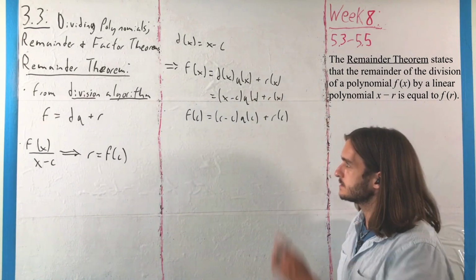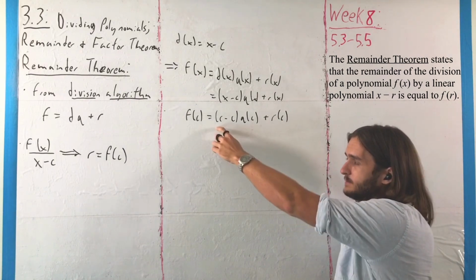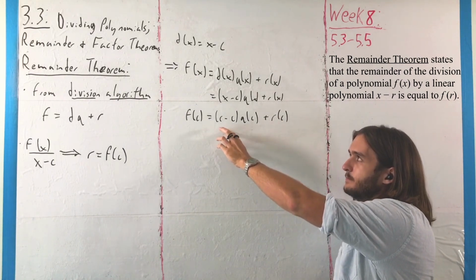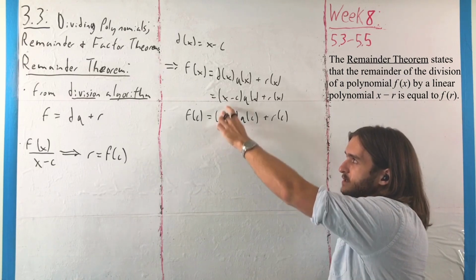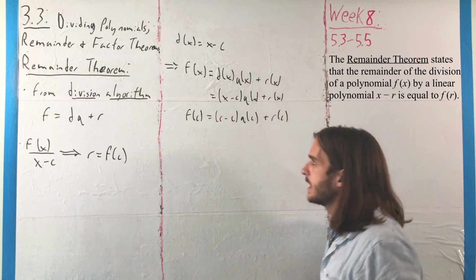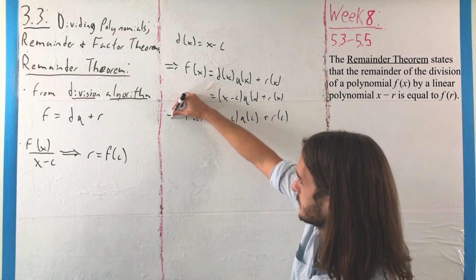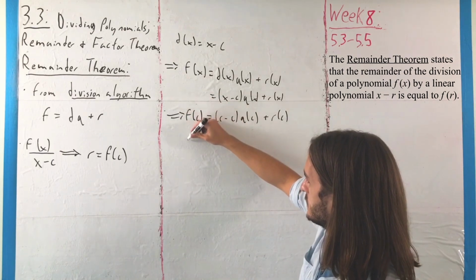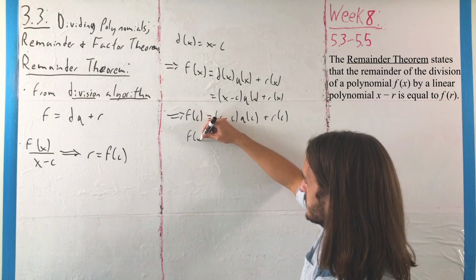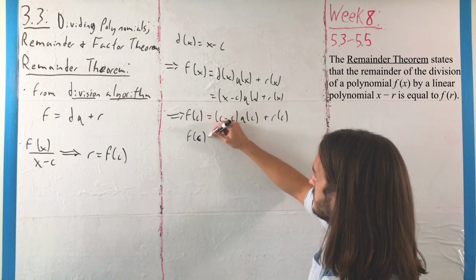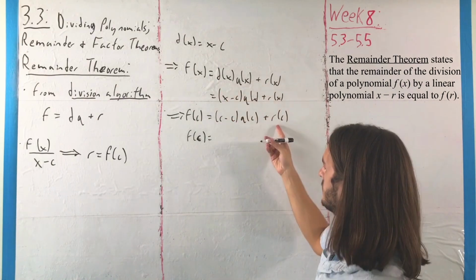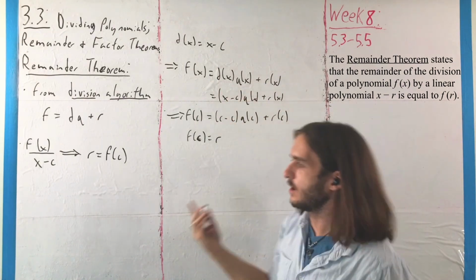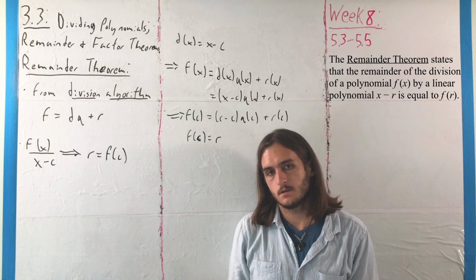But because r has to be smaller in degree than both d and q, and in particular d is linear, that means r is just constant. So what we're going to end up having here is that f of c is equal to this thing, which dies because c minus c is 0, plus that thing, which is just a number, r. Hence, the remainder theorem.